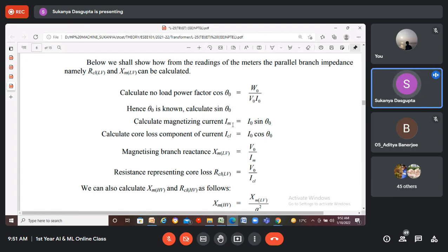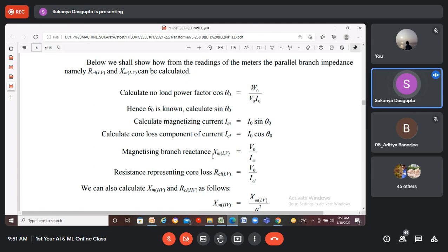Now from the phasor diagram, Im can be calculated as I naught sine theta 0. From this you will be able to calculate theta 0 and then sine of theta 0. So the magnetizing current can be calculated using this relationship. Similarly, the core loss component of current ICL can be calculated as I naught cos theta 0. This can also be obtained from the phasor diagram.